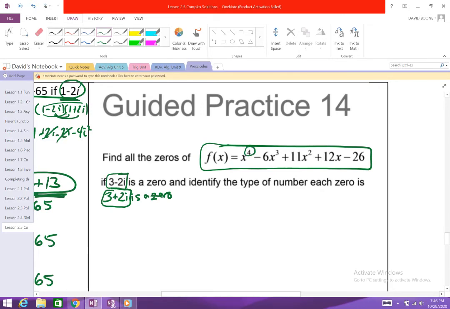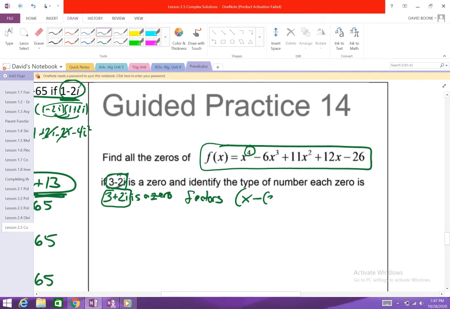And I know that, again, because the highest degree in this polynomial is 4, there should be a total of 4 solutions, a mixture of possible real and imaginary. So right now we've got 2 complex ones. So what I need to do is, if those are zeros, I then know I've got factors.